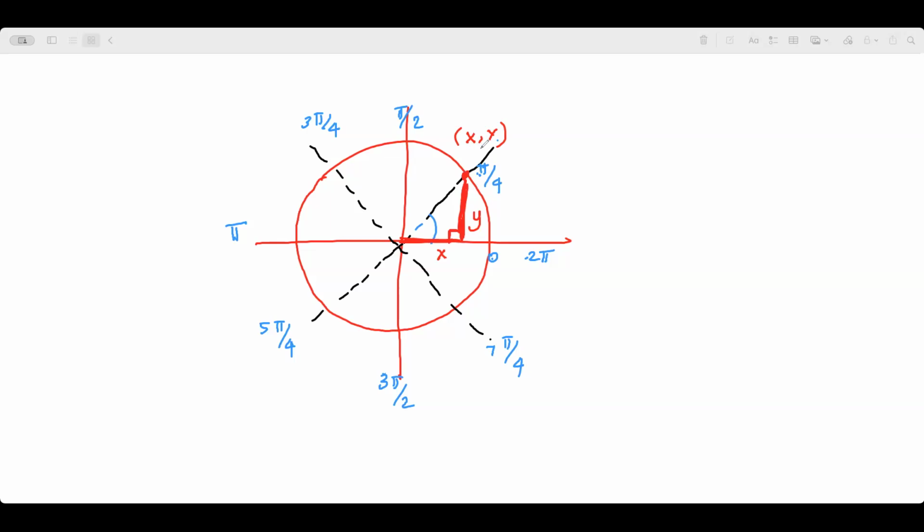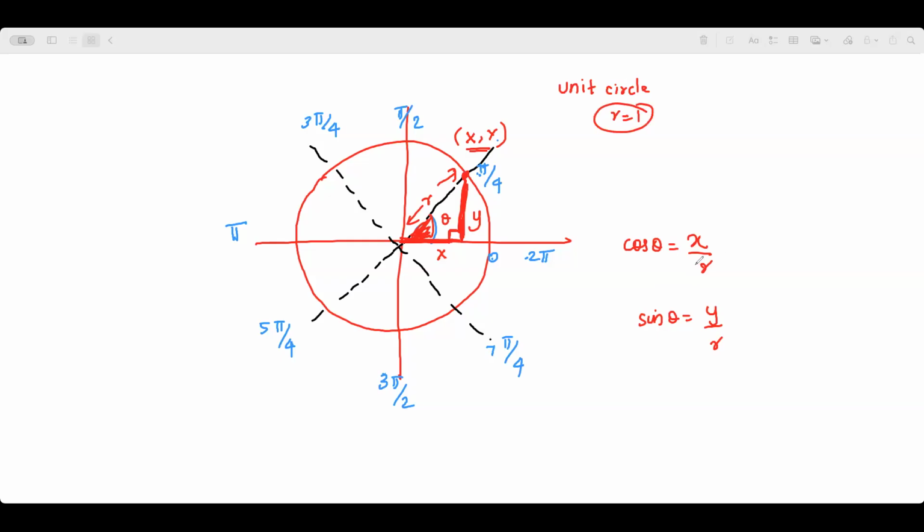Now this point, when you think about it, I take this angle as theta. What is cos theta? Cos theta is x by r, the radius, right? Sin theta is y by the radius. This is a unit circle with r equal to 1.